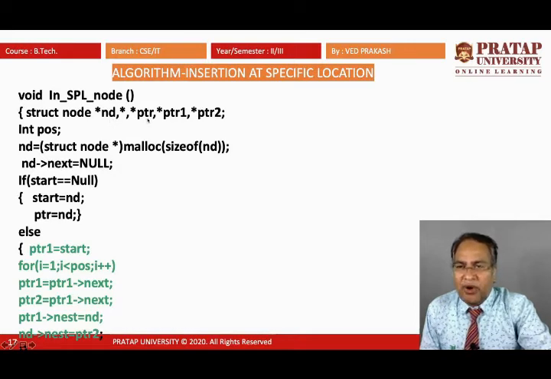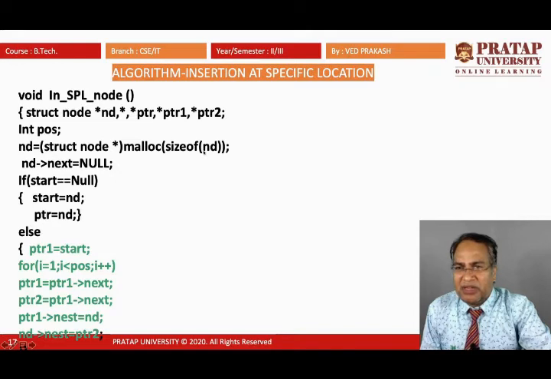PTR is the pointer that is used to process the elements of the linked list. PTR1 is the pointer which is used to denote the before position of the newly inserted node, and PTR2 is the pointer that is used to denote the after position of the inserted new node. And pos denotes the position where we have to insert the new node.